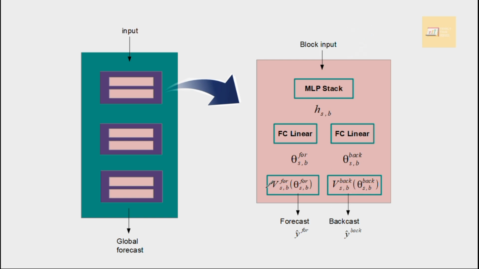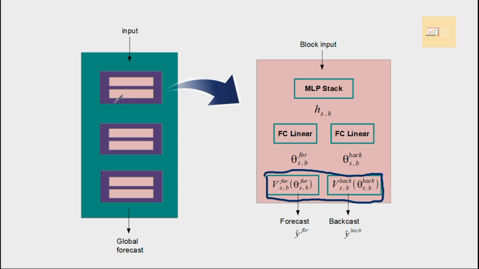Now we can move on to another big discussion, which is the basis function. The basis function we use determines the size and the dimension of matrix V and array theta. And it also determines the name of the block and consequently the name of the stack. Let's look at our diagram on the left side again.